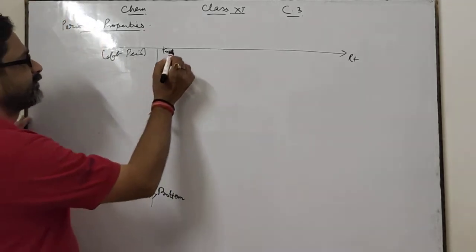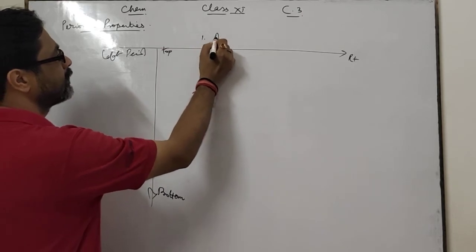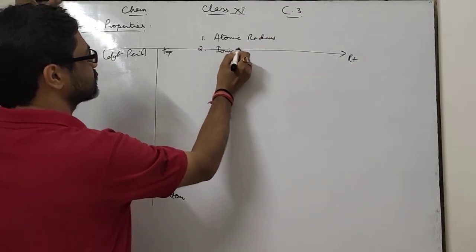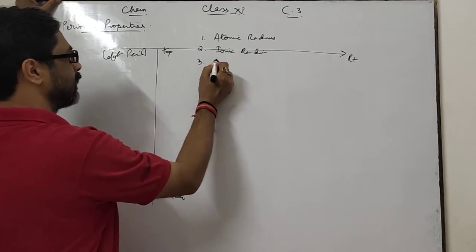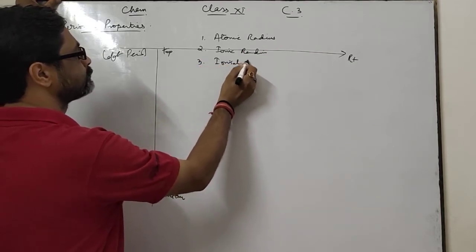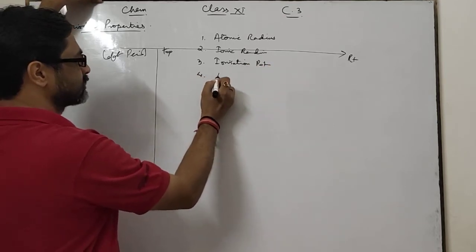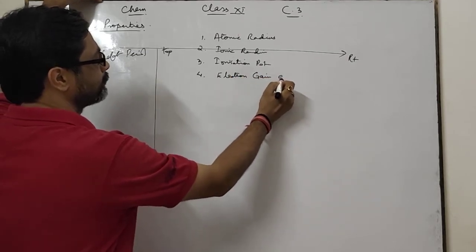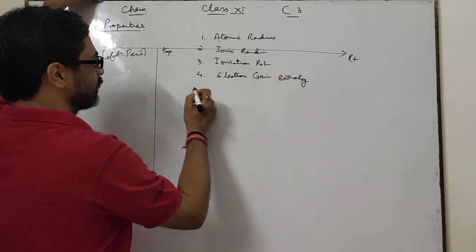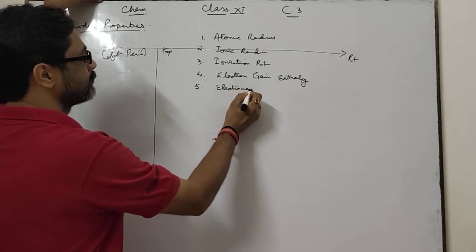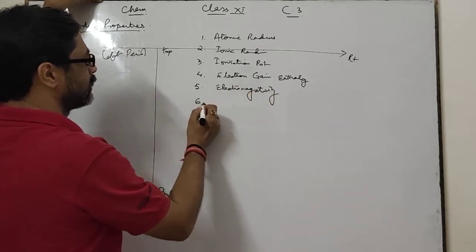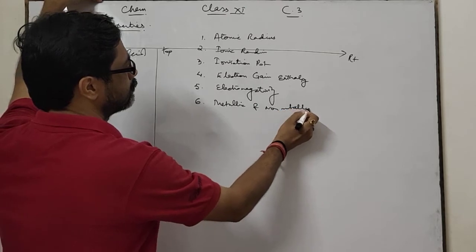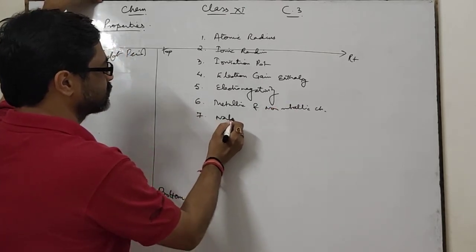Here, some properties which are in our course are: atomic radius, second one is ionic radius, third one is ionization potential, fourth one is electron gain enthalpy, fifth one is electronegativity, sixth one is metallic and non-metallic character, and seventh one is nature of oxides.